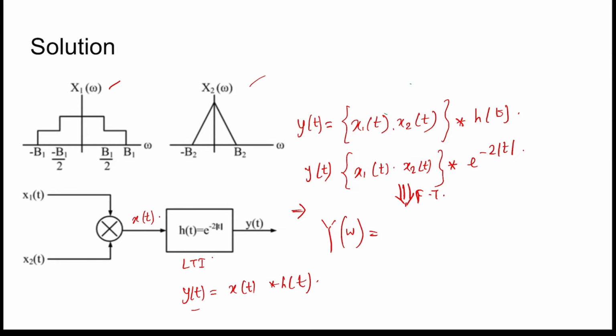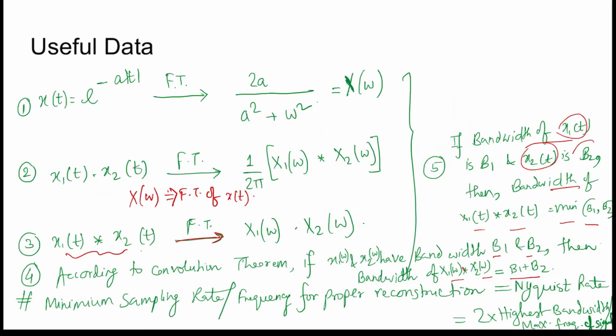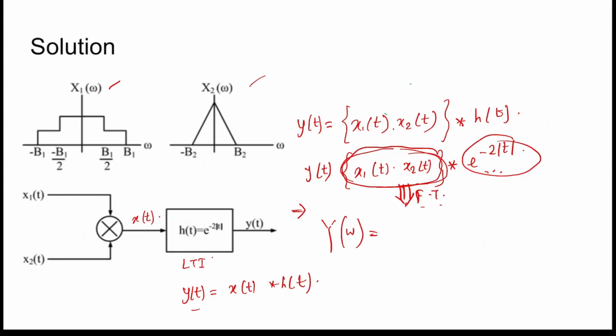If we perform the Fourier transform of y(t), we get Y(omega). Consider x1(t) into x2(t) as one signal and h(t) as another signal. These two signals are convolved in time domain, so the resultant frequency domain signals will be multiplied.